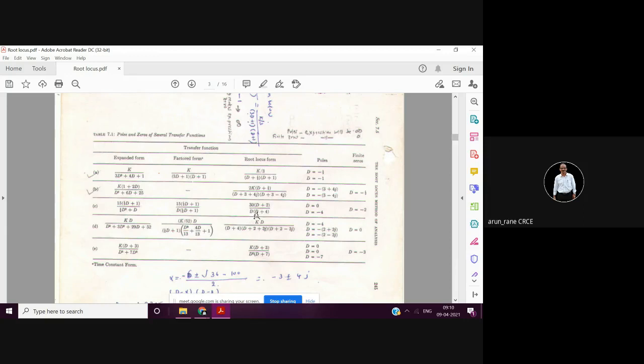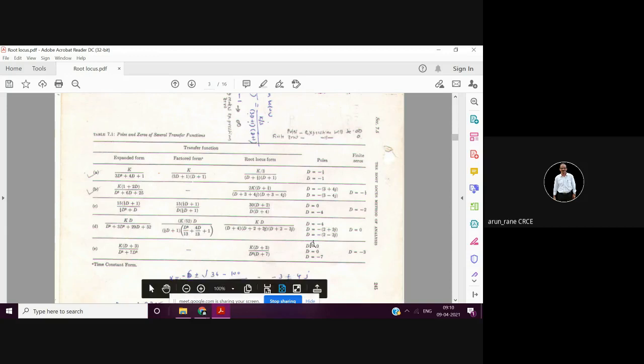Now when you are directly substituting 0 here, this is also called an infinite zero. Like here in this expression, there is no infinite zero. Minus 4, then this is minus of 2 plus 3j, and so on.